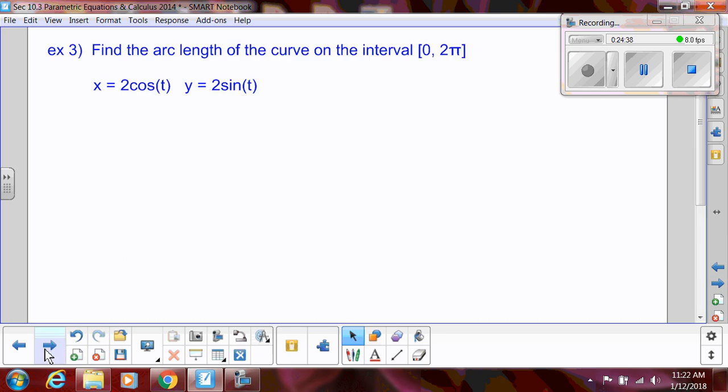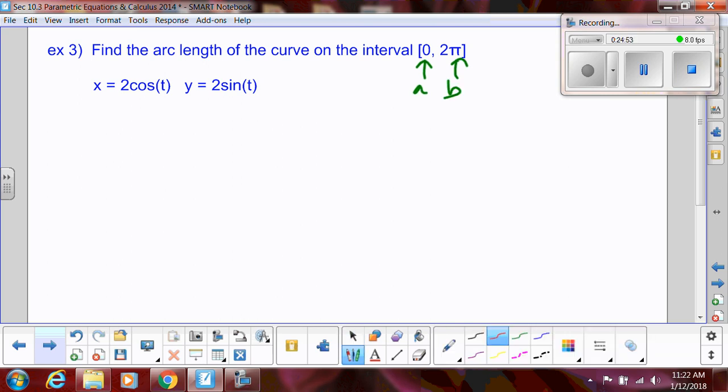All right, so now let's do another one. Find arc length of the curve on that interval and those are our parameters. So again, here they give us a and b, so we don't even have to do any calculations to solve that. We just need our dx dt and our dy dt. So dx dt is negative 2 sine t, dy dt is 2 cosine of t.